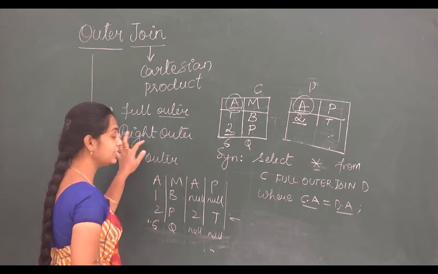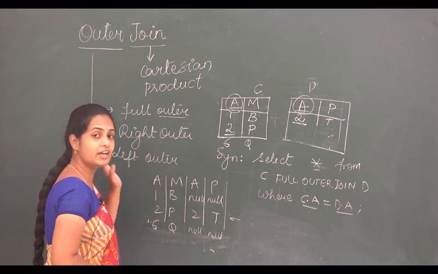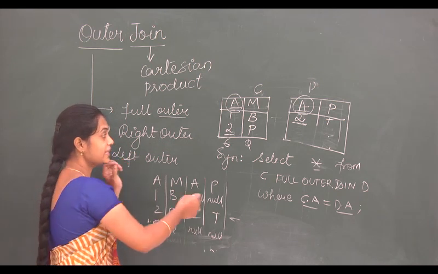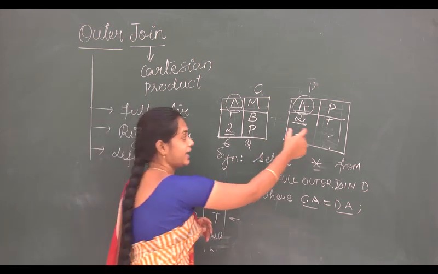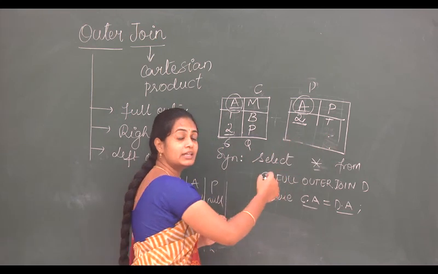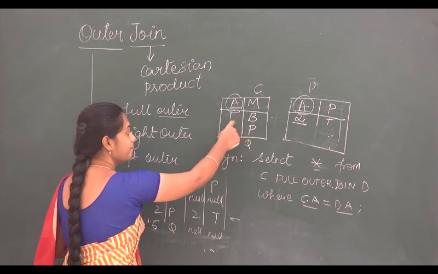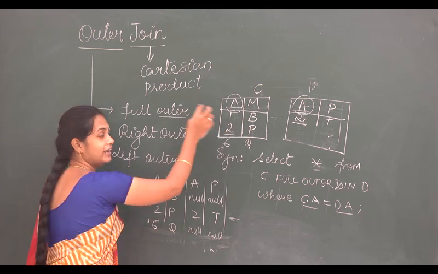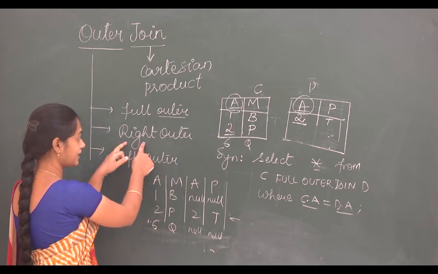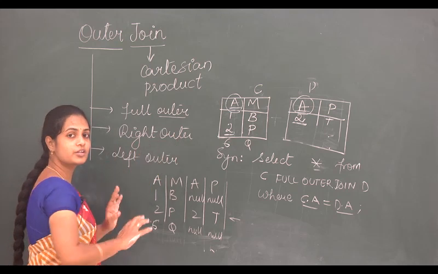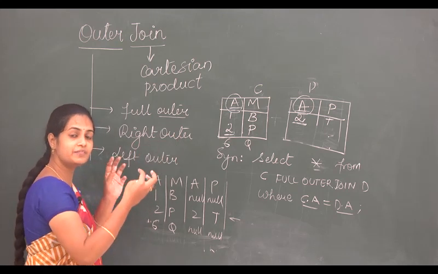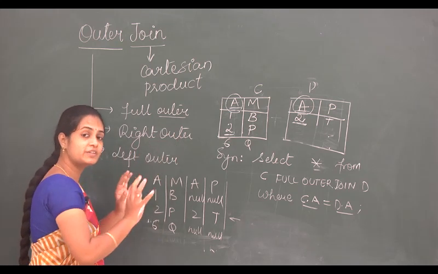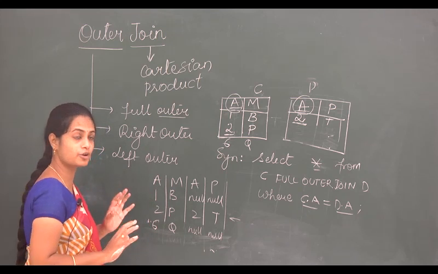So what is right outer join? Right outer join is nothing but the information toward the right table will be retrieved, but it will not retrieve the data in the left table. See here, outer join will retrieve the entire data whether we have any common attribute or not.